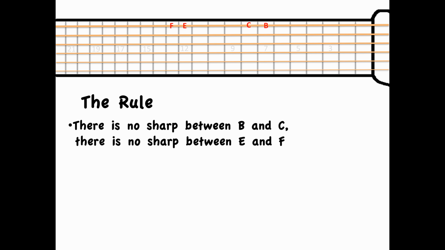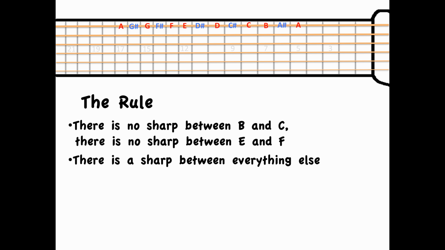I gotta memorize that. So once I know that, and I realize that there's a sharp between everything else, but not between B and C and E and F, I can begin to recite the musical alphabet.